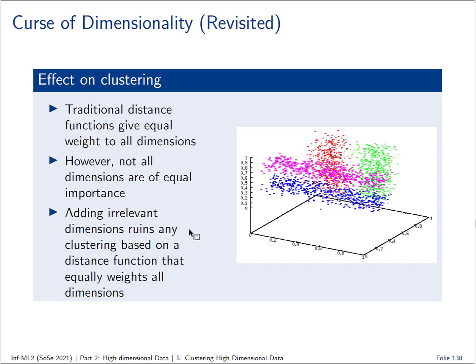If you recall, all of these bad things happen if we have a lot of irrelevant attributes and give equal weight to all features. We don't distinguish between relevant and irrelevant attributes, then we have the curse. And of course, that is not what we want.